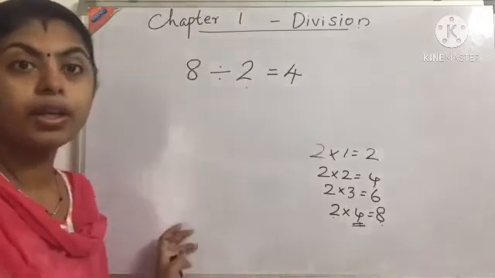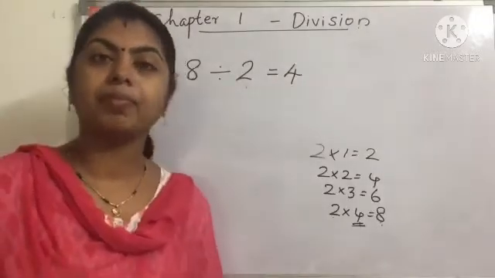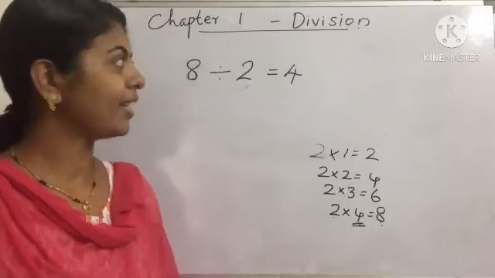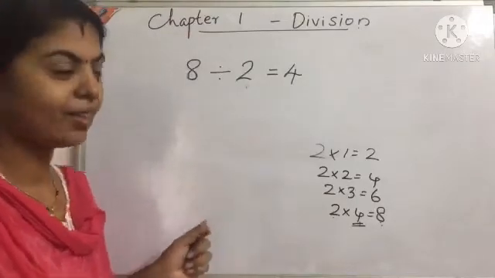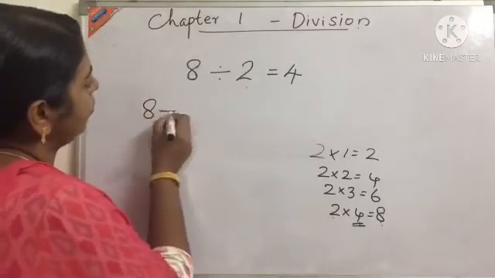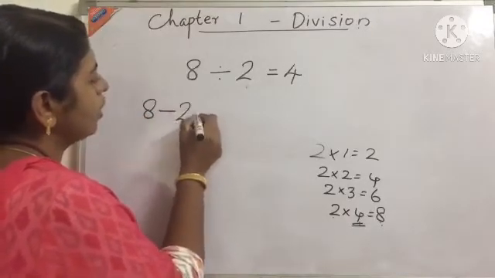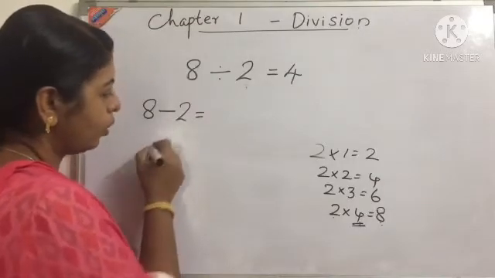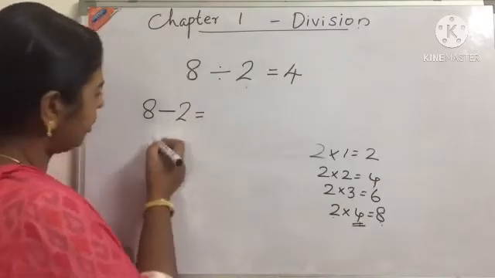I told you that repeated subtraction is called division. Then we can start to subtract. 8 minus 2, how much is it? You can write it in vertical way.